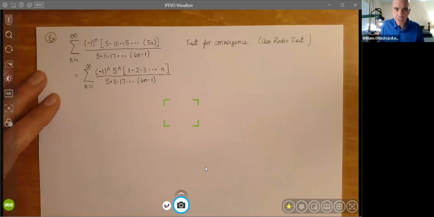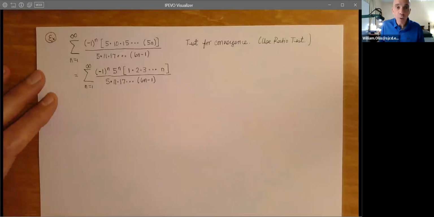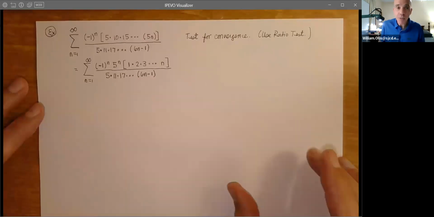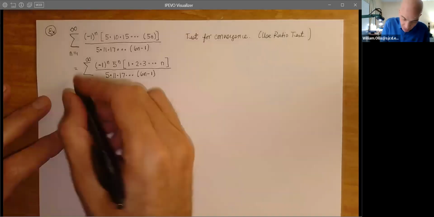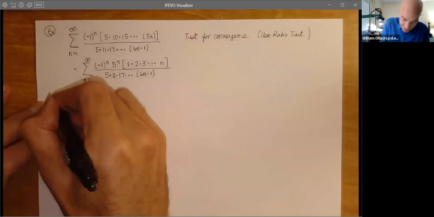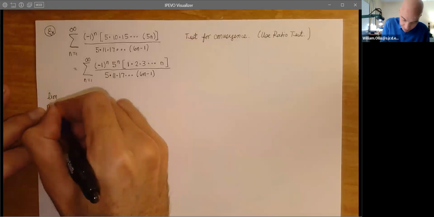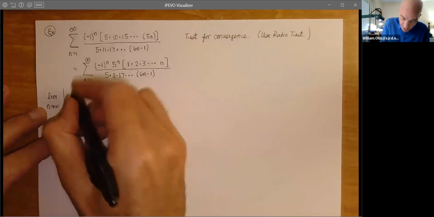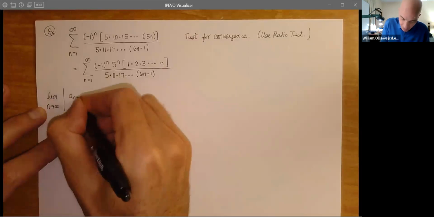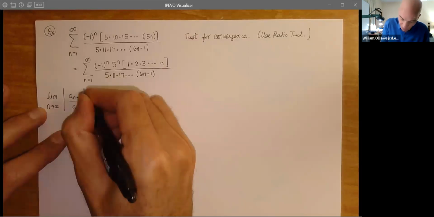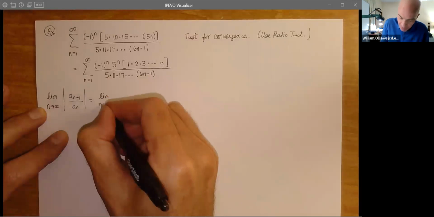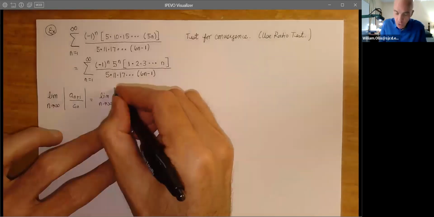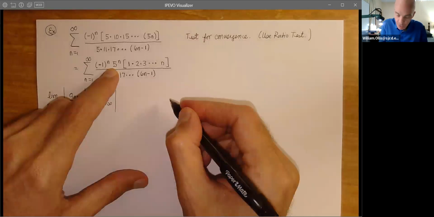Let me refocus here. Now when we think about this, we say the ratio test is the best avenue to take. So we'll have the limit as n approaches infinity of a sub n plus 1 divided by a sub n. Now we just do the replacement of n with n plus 1.